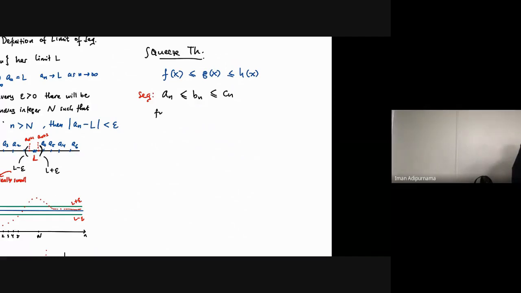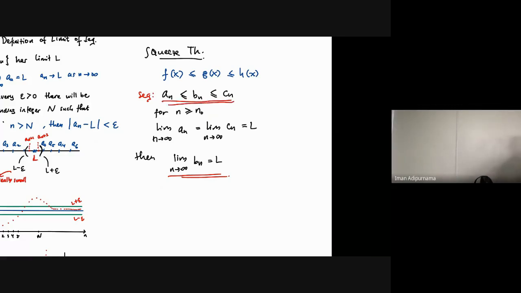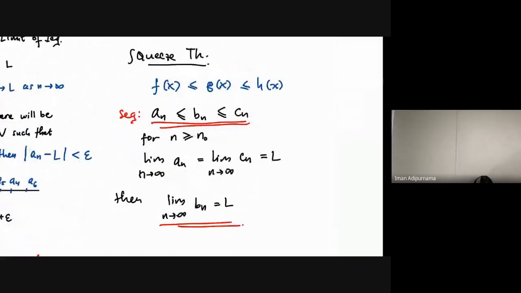So for n greater than n0, the limit as n approaching infinity of an is the same as the limit of cn, equal to L, and then the limit as n approaching infinity of bn is also L. But this happens if you have already proven that bn is in between an and cn.